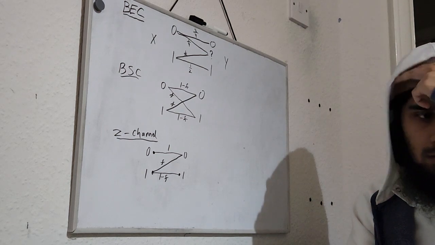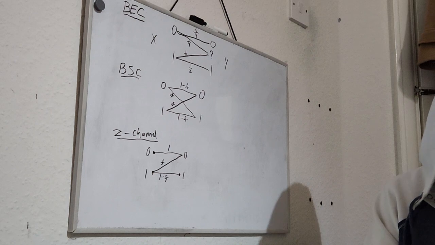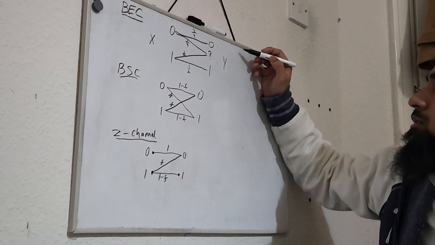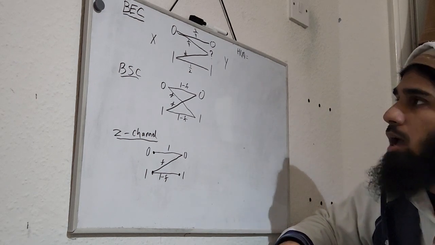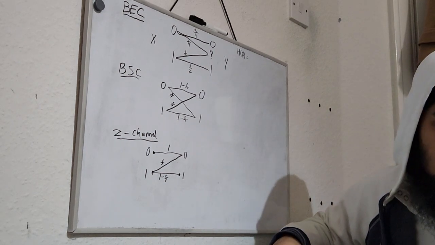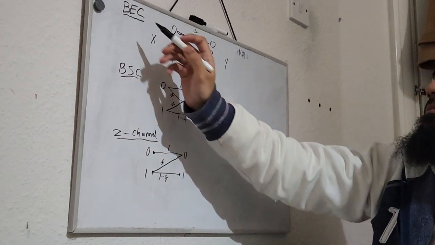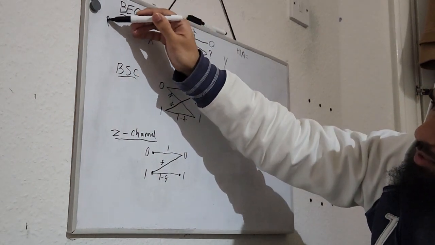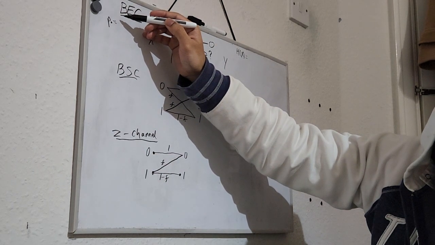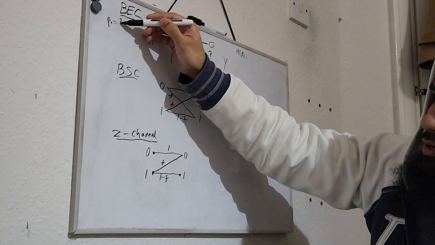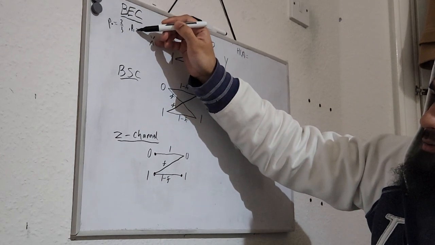Let's now apply the formulas. Let's work out h of x, the entropy of the input. Let's say the probability of sending a 0 is 2/3, and the probability of a 1 would be 1/3.